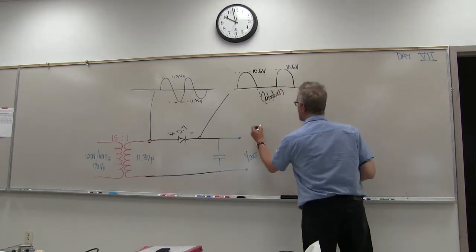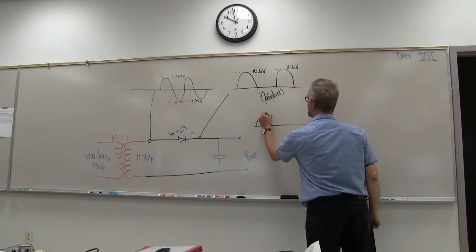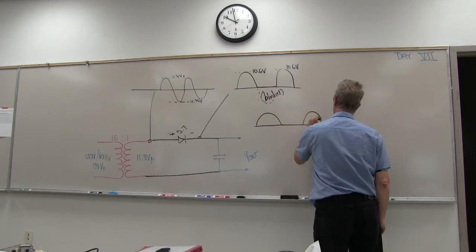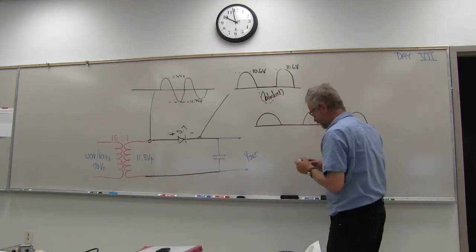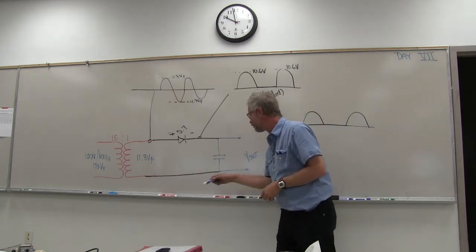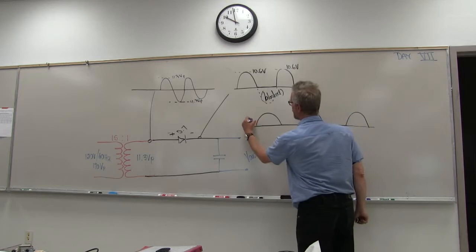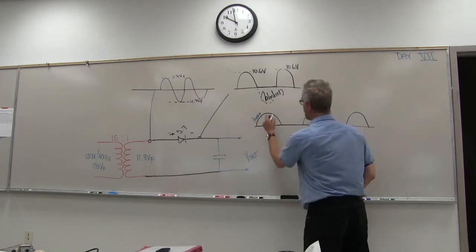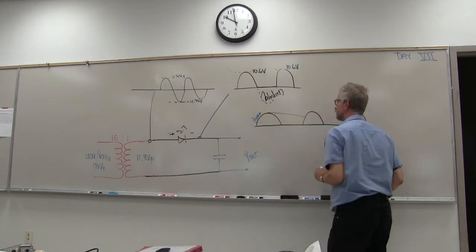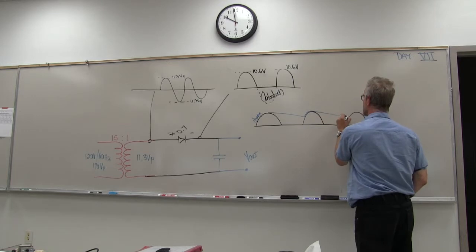Okay, now watch what happens here with our capacitor. Coming off the diode, we have something that looks like this. But what does our capacitor do? Well, our capacitor charges here and then discharges here. Charges back up, discharges.